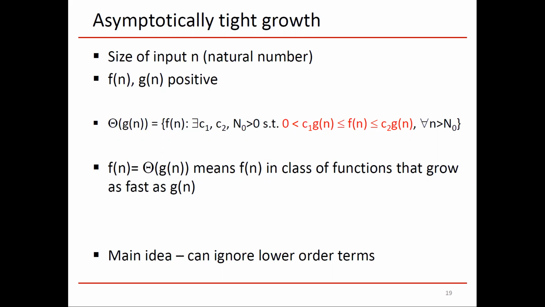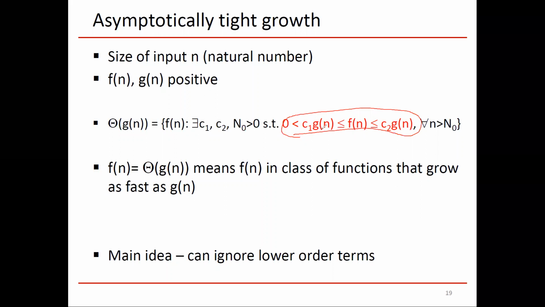And formally, it's the class of functions f of n such that f of n is upper and lower bounded by c1 g of n and c2 g of n. G of n, recall, is positive. The constant c1 is positive, and therefore the product is positive. F of n is greater than or equal to c1 g of n, and it's also less than or equal to c2 g of n.